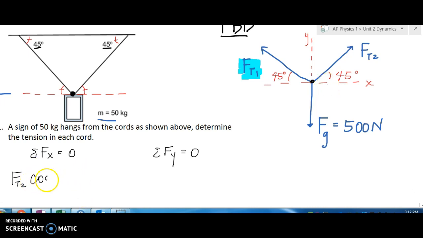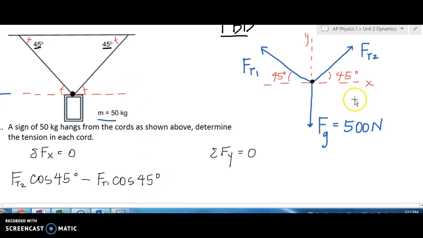So cosine of 45, and go ahead and put my angle in there. Then minus, because FT1 has an x component, but it's pulling left, so FT1, also cosine 45.